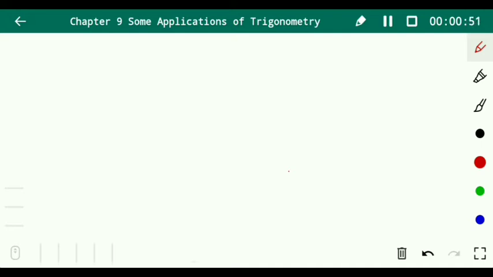Okay, so first, before starting this chapter, we have to understand some definitions. Mainly we have to understand three definitions. First one is line of sight.